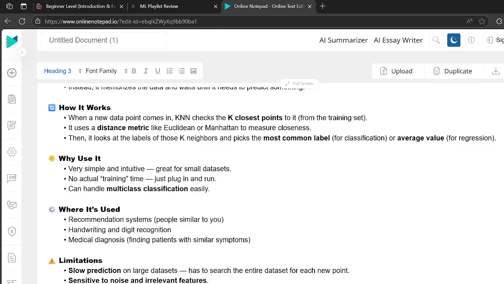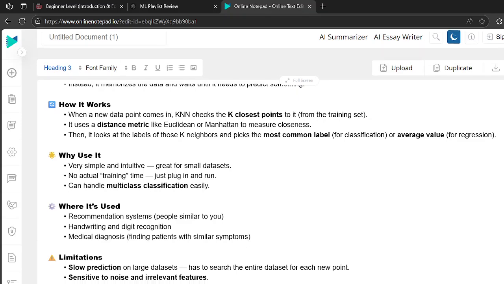Once you run it, it starts the training, which is not actually training, but it just runs. It can also handle multi-class classification easily, which means if the classification is of multiple class levels, it can handle that easily.